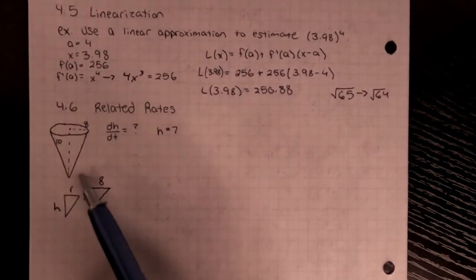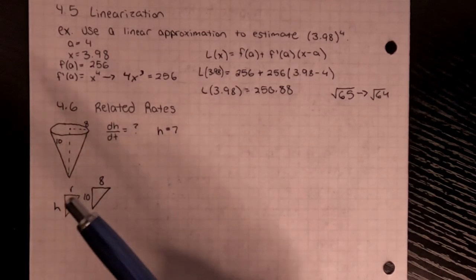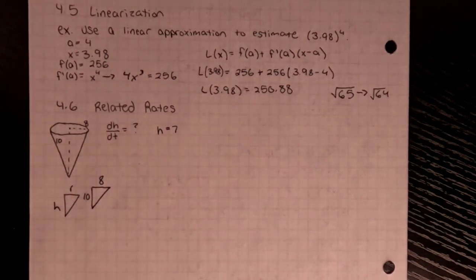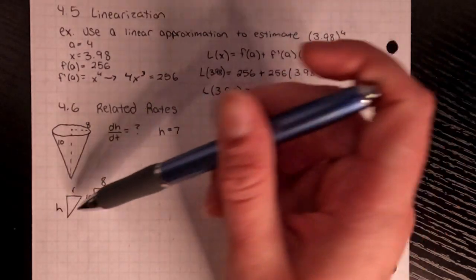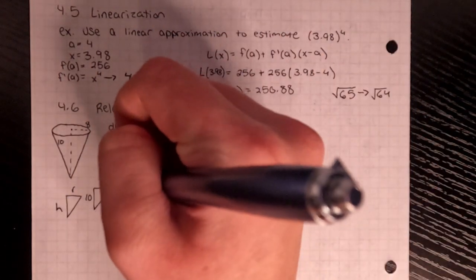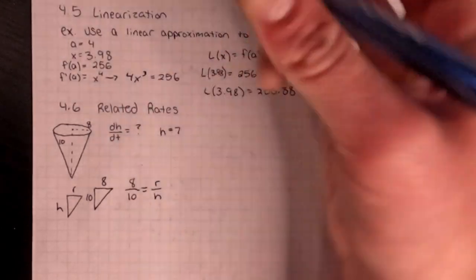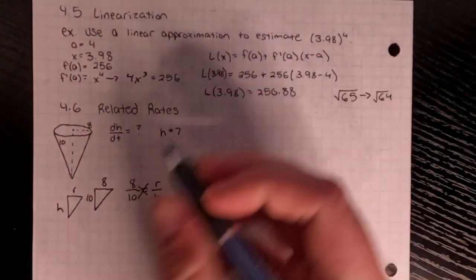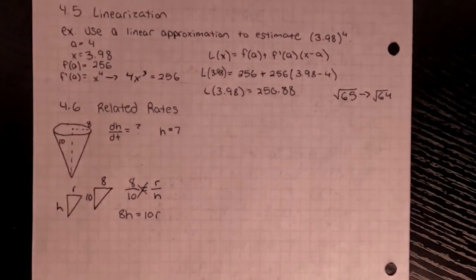So this proportion is always going to be the same. It's always going to be 8/10, but just smaller or larger depending on how much water is in your tank. So you know these two are related. So if we do 8/10 equals R over H, and we cross multiply, we get 8H equals 10R.